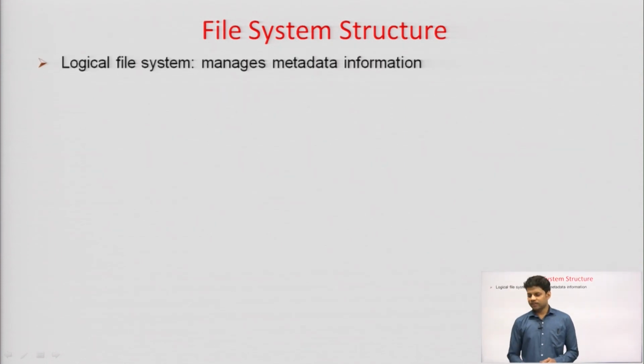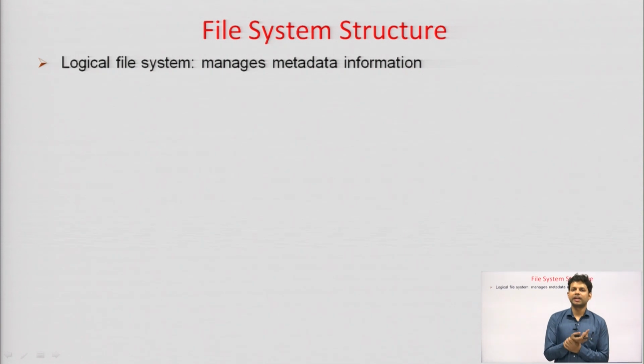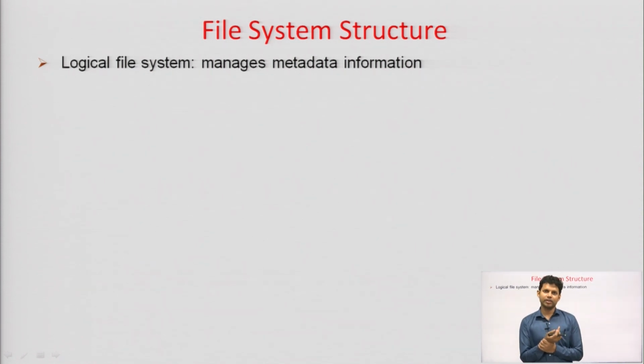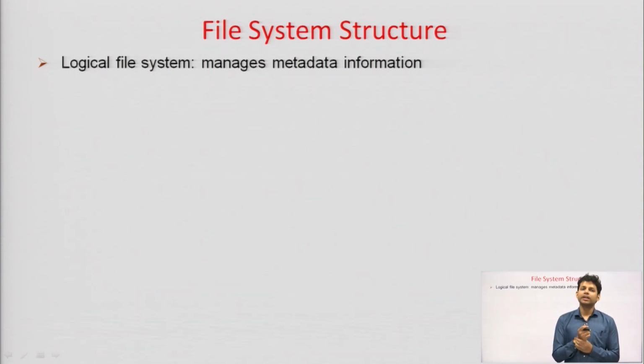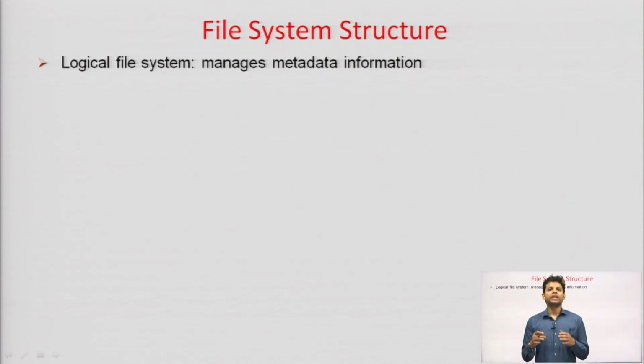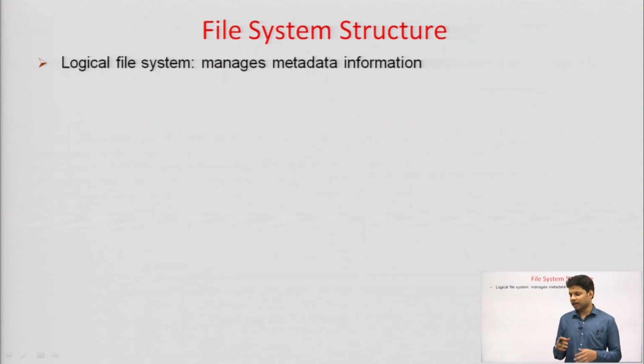Okay, now the next layer is your logical file system, which generally manages the metadata information. Metadata is the information about the data without the content of data. So metadata is not the content of the data, it holds only the information about that particular file or data.